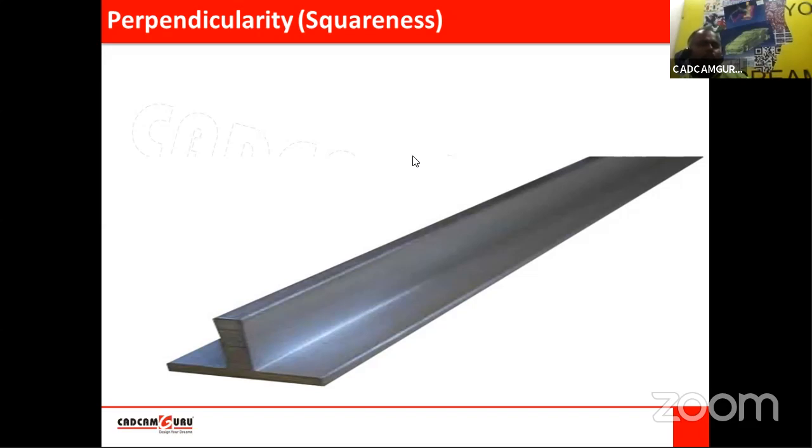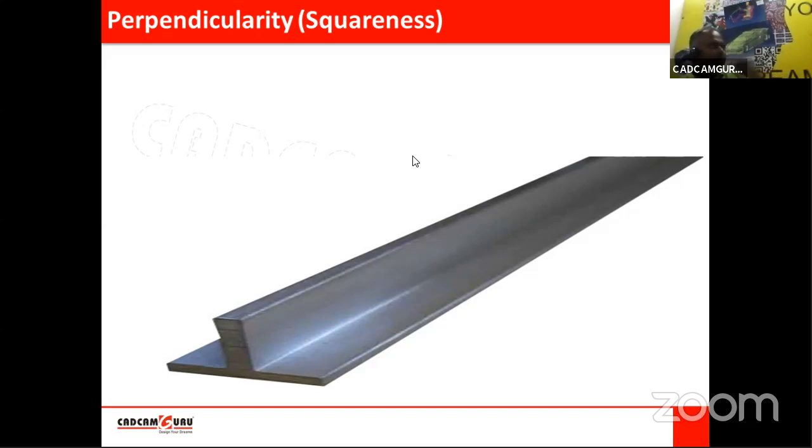Similarly, for all geometrical characteristics, we are looking from an assembly point of view. Any other component is expected to fit on the component, and we are expecting proper surface to surface contact, maximum surface to surface contact. That's why these geometric characteristics are maintained. For parallelism also, we are expecting some components to be fitted on that surface.